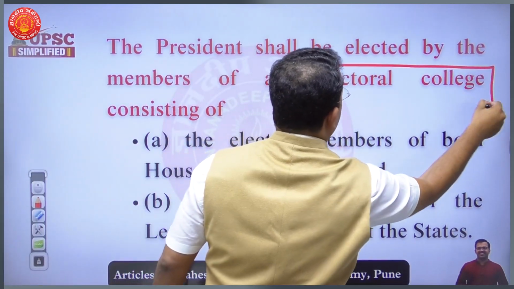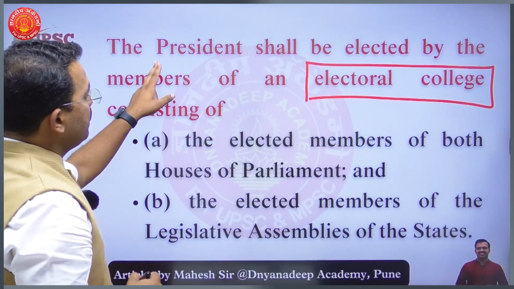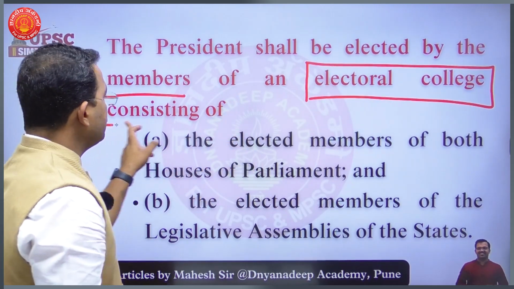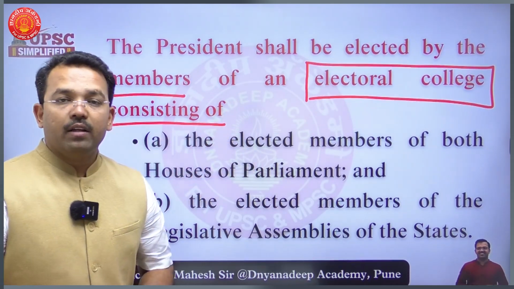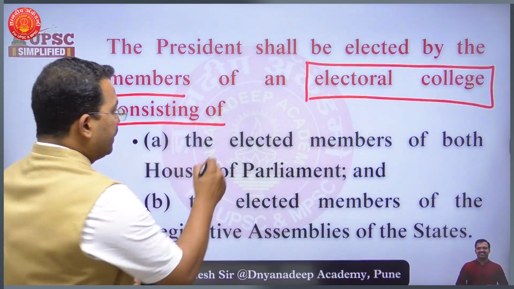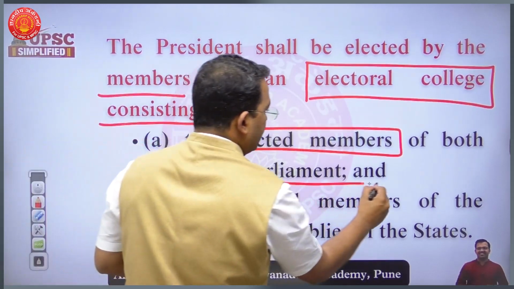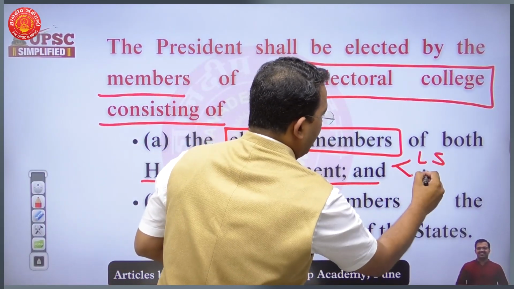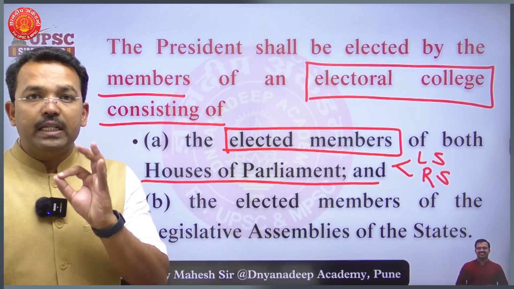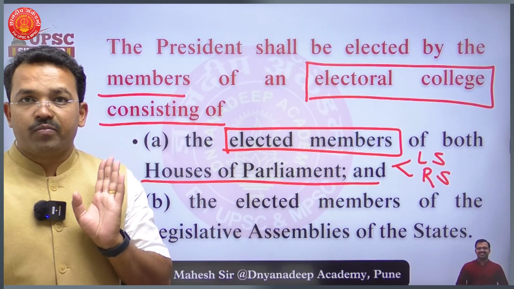The President shall be elected by the members of the Electoral College consisting of, it means who are part of this Electoral College, the elected members of both houses of Parliament, that is Lok Sabha and Rajya Sabha. So remember, only elected members take part in the presidential election.